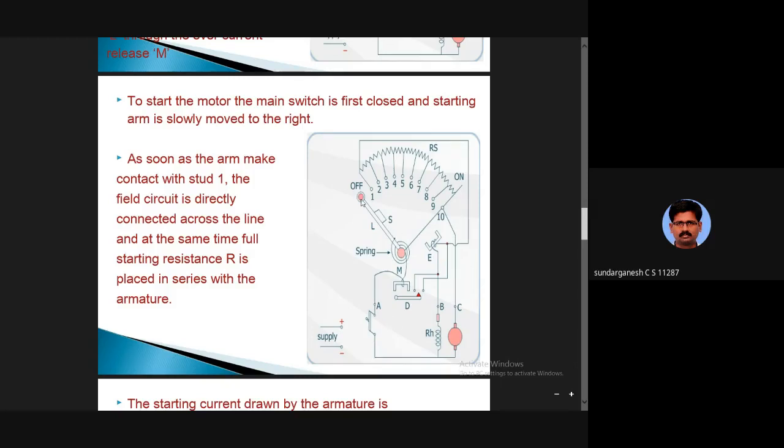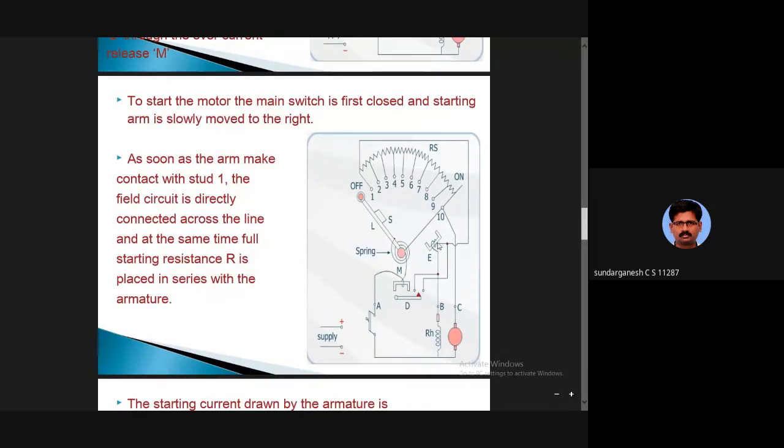So when you place the handle in the first position, the field coil gets full voltage. At the same time, the full resistance is added in the armature, because the armature connection is made here. So the armature will have full resistance plus RA.